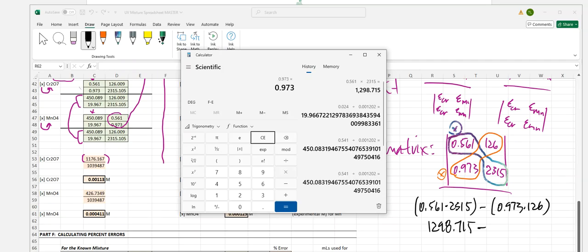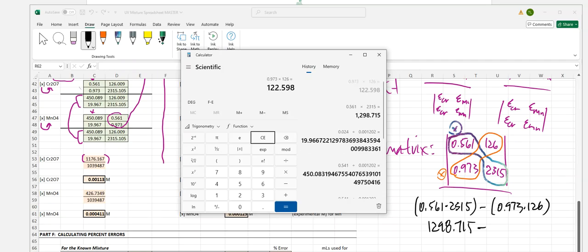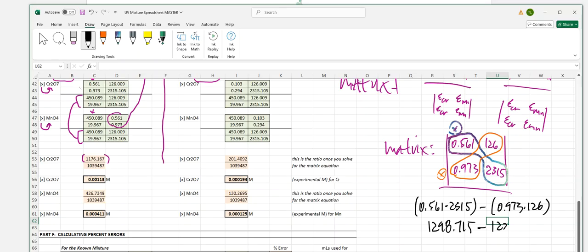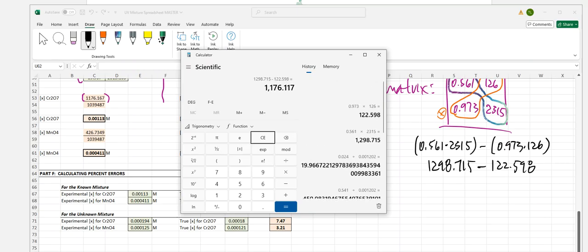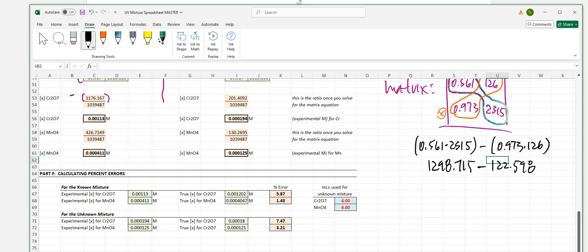That's 0.973 times 126, and I get 122.598. Then to solve for the top portion of the matrix, 1298.715 minus 122.598, and that gets me 1176. And that's where that 1176 comes from in the spreadsheet that you see over on the left-hand side of your screen.